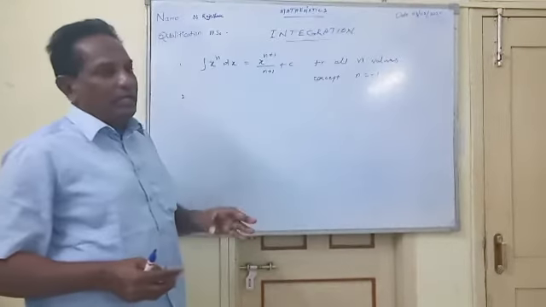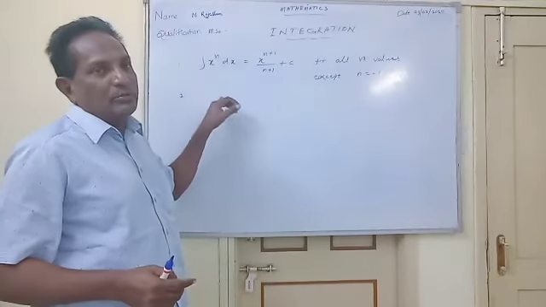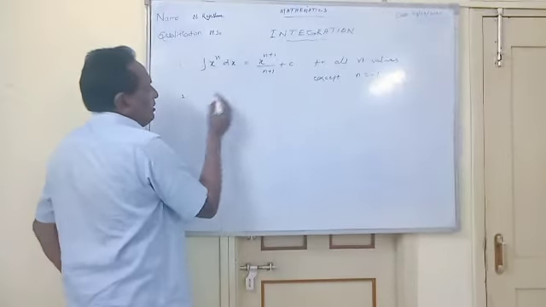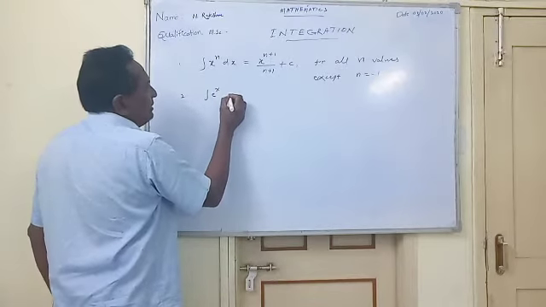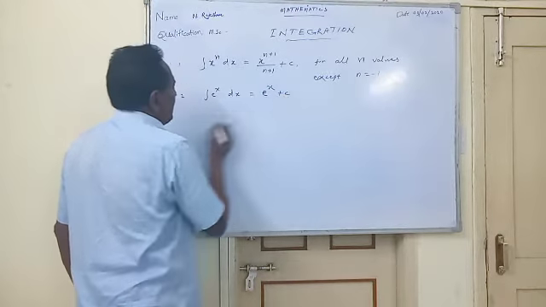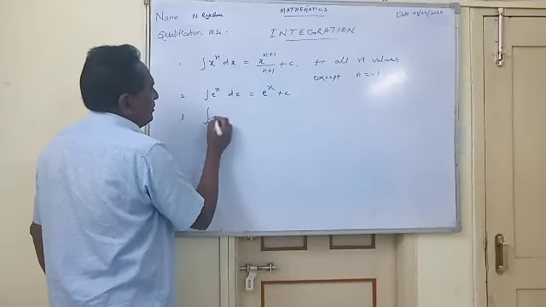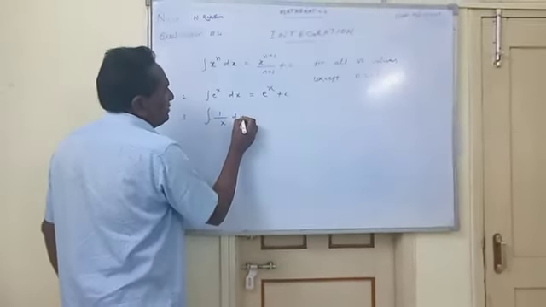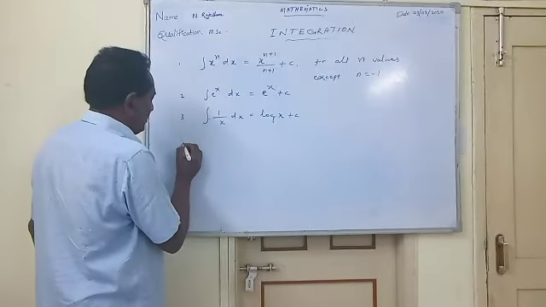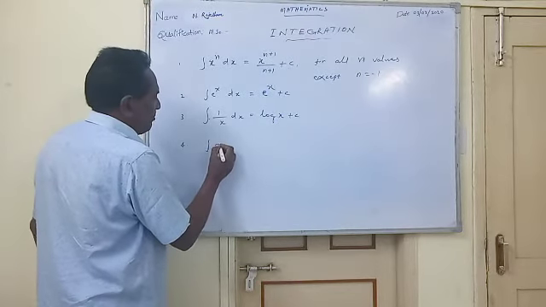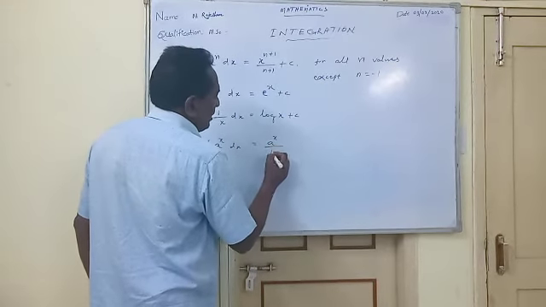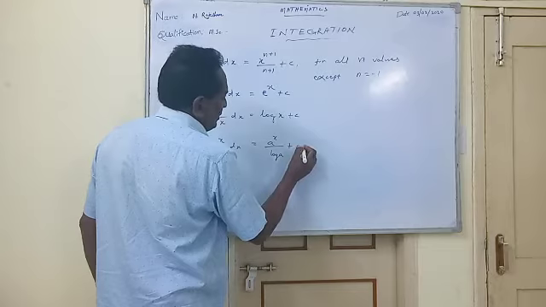For the second formula, we have three types of functions: first, algebraic functions, then logarithm and exponential functions, and trigonometric functions. For these, the formulas are: the integral of e power x dx equals e power x plus c; the third, the integral of 1 by x dx equals log x plus c; and the fourth, the integral of a power x dx equals a power x by log a plus c.